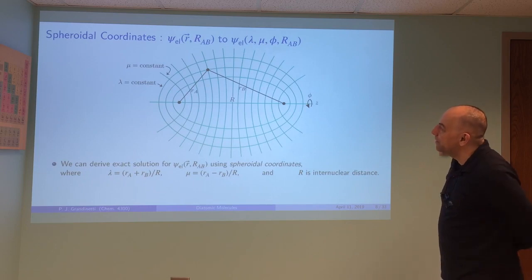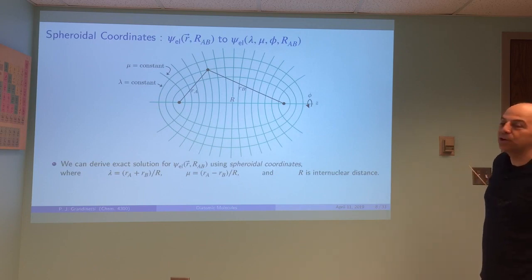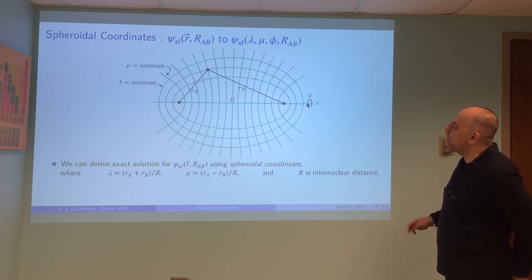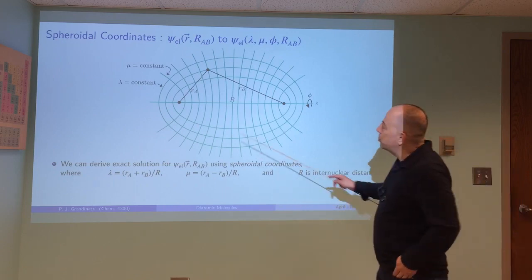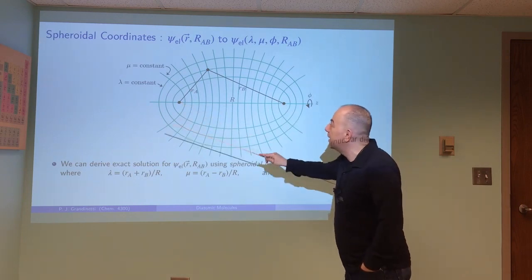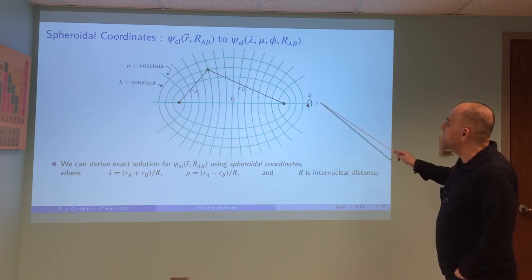Actually there is. Not something you probably would have thought of off the top of your head, but there's a coordinate system called a spheroidal coordinate system. It's described this way. It's got two foci, two points here, which in our case correspond to the location of the two nuclei, and this is our z-axis.